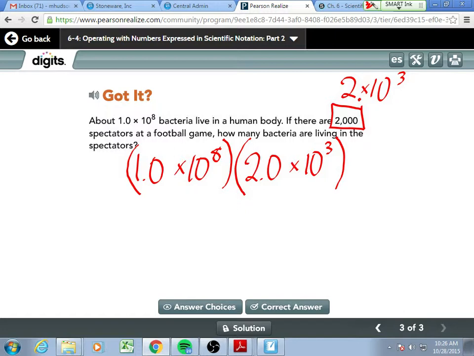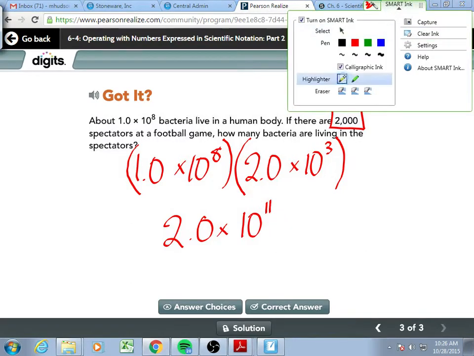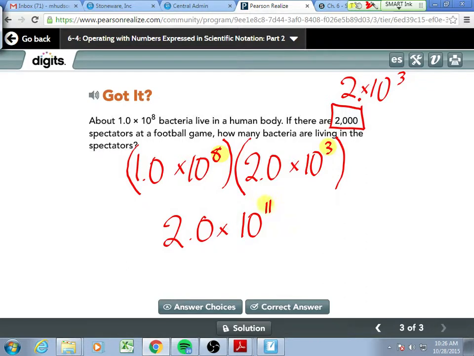So we multiply my first terms and get 2. 2 is the easy part, but who can talk me through finding my power? Peyton? Well, it's 10 to the 11th power because you have to add powers because you're multiplying. Yeah, so we add the 8 and the 3 and we get our 11.